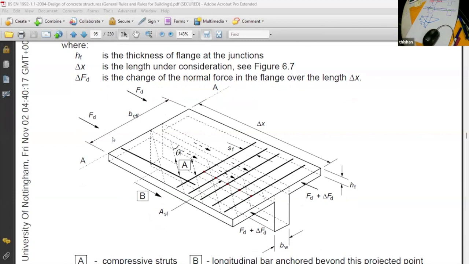So we have to make sure there's additional precaution to assure that this flange will remain intact with the web. Otherwise, if it cuts, the flange will separate, and the moment carrying capacity of the beam will drop drastically. Is that clear? Yes, yes, sir.